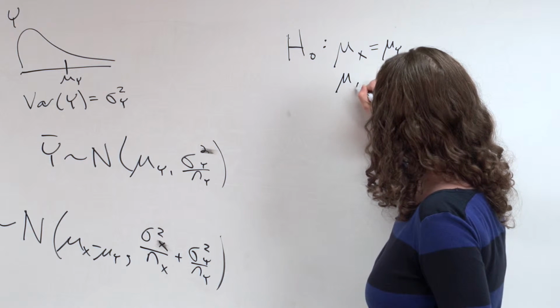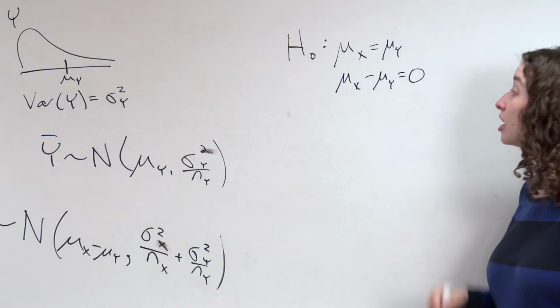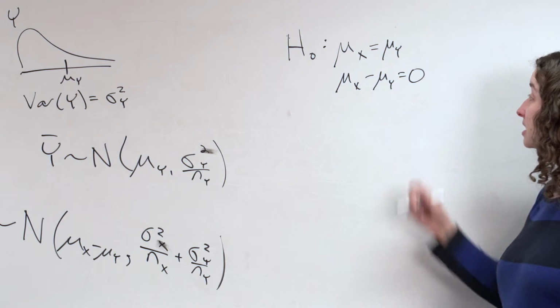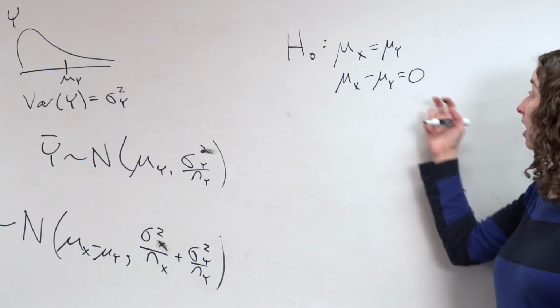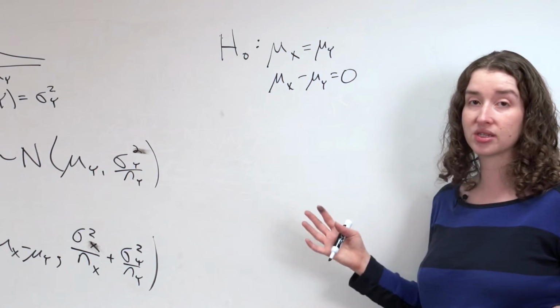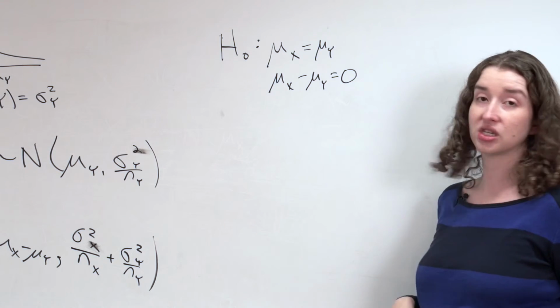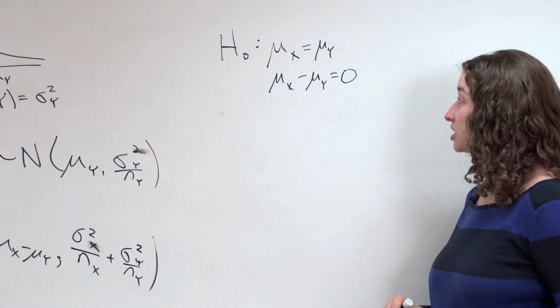That is the same thing as saying that the difference in population means is equal to 0. Note that we could do all the same things here if we filled in some number other than 0. Perhaps I want to do a hypothesis test for the null hypothesis that the difference between heights in these two populations is 2 inches. I could do that by putting a number other than 0 here. But the typical number to use is 0 because usually that's what we're interested in.